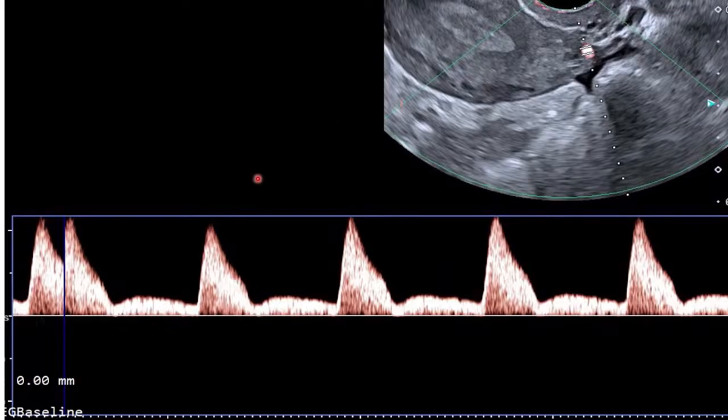I'm going to show you how to measure the resistive index and the pulsatility index. If you know those things, then we will build it up from there and show you how those uterine arteries can be used to screen for implantation before pregnancy happens.